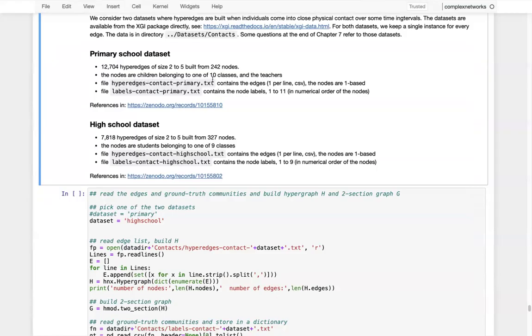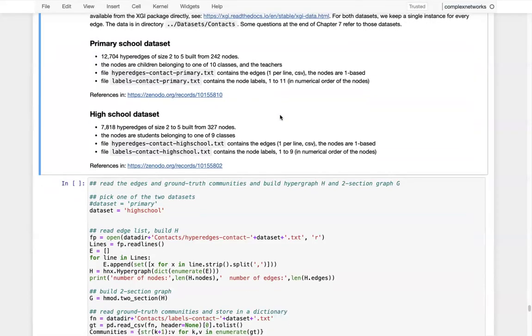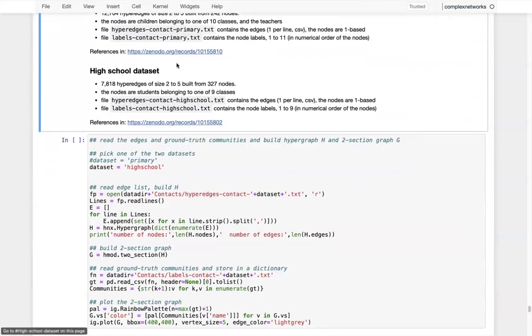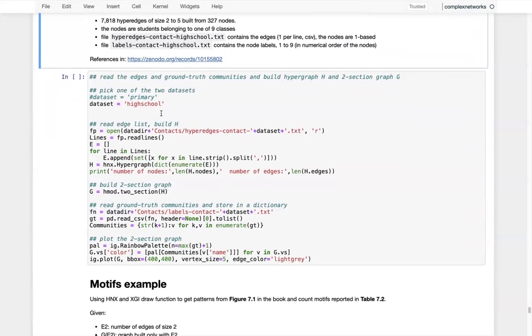There's also ground truth communities, if you want, that correspond to the 10 different classrooms and the teachers. And so the edges are included in this text file, and then the node labels 1 to 11 that correspond to the 10 classes and the teachers are included in this other text file. And then the same thing for a high school data set.